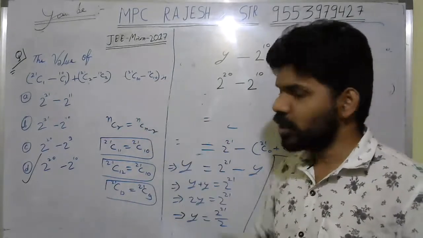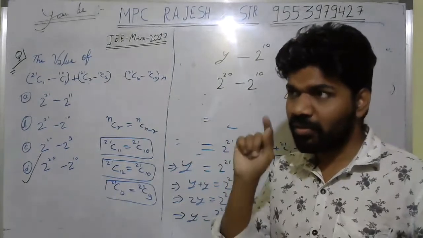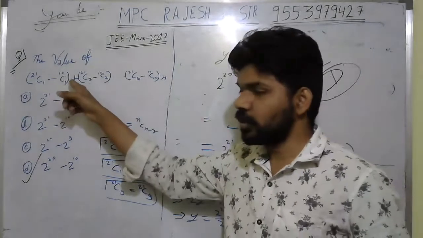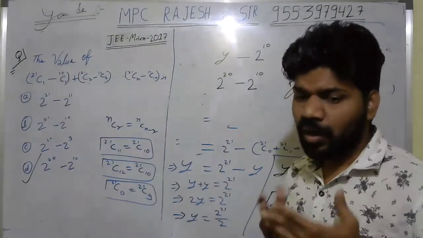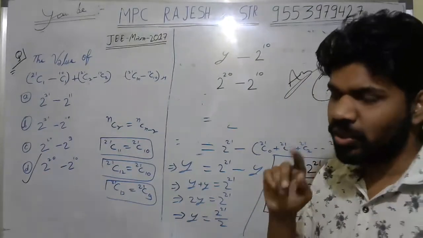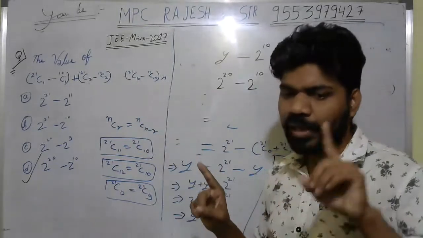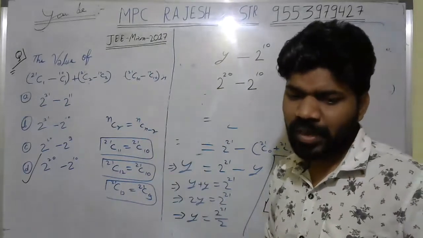The question starts from C 1, not C 0, so the 0 term is not available. Another formula we already said: C n 0 is equal to 1. So we add 1 and subtract 1, which cancel, giving 0. That is the logic we have to apply.